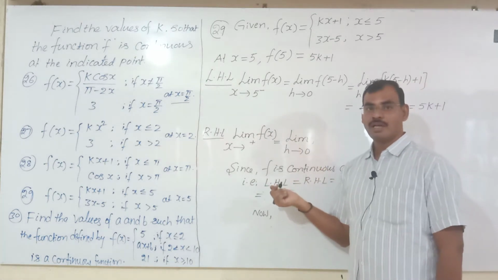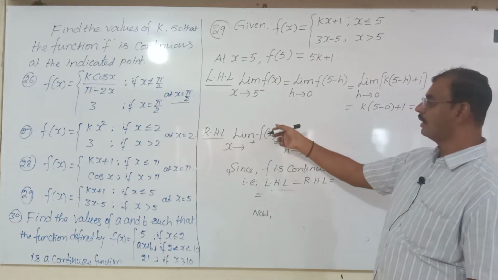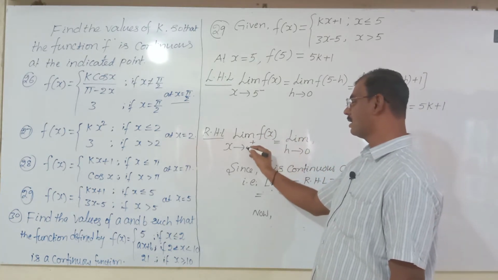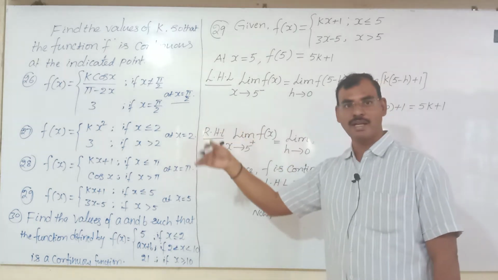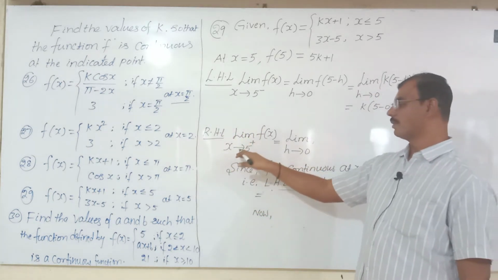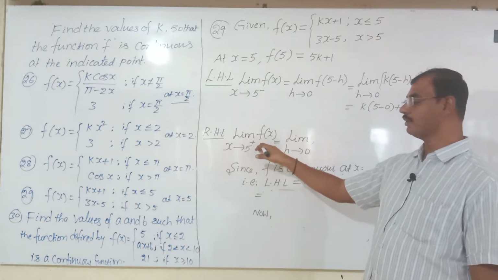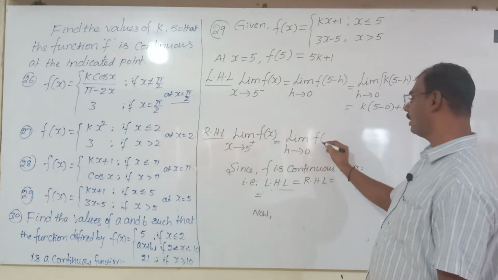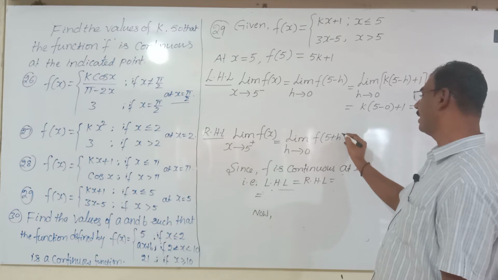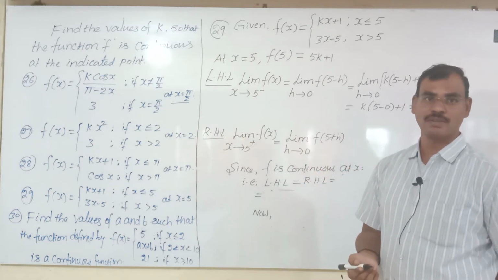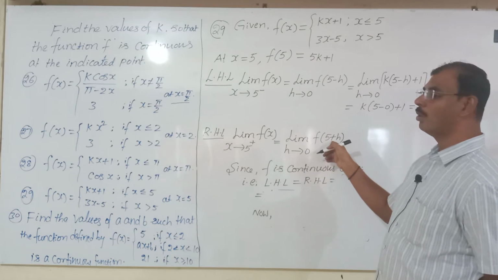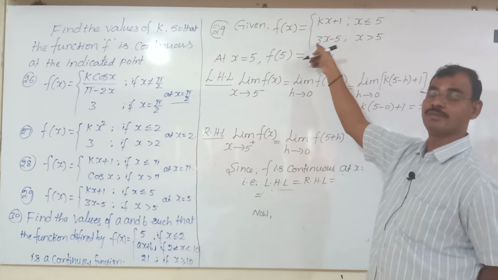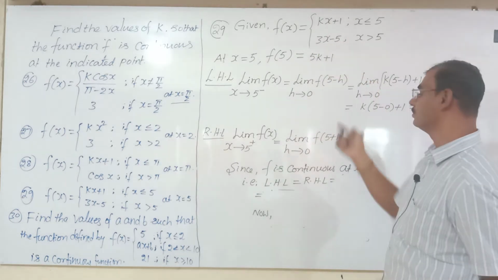In the same manner, we find the right hand limit. What is the right hand limit? Limit of f of x as x approaches 5 plus, from the right hand side of 5. I can change this to limit of f of 5 plus h as h tends to 0. Does it give the same meaning? Yes, it means more than 5. When x is more than 5, what is the f of x value? 3x minus 5.